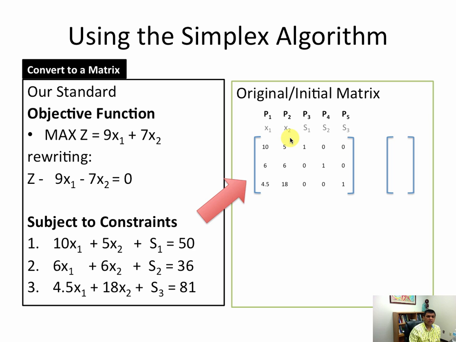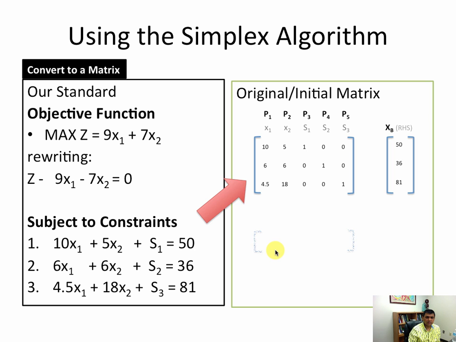The next step is we will define XB, or the right hand side matrix, and in this case the matrix has values 50, 36 and 81, corresponding to 50, 36 and 81 in the constraints.